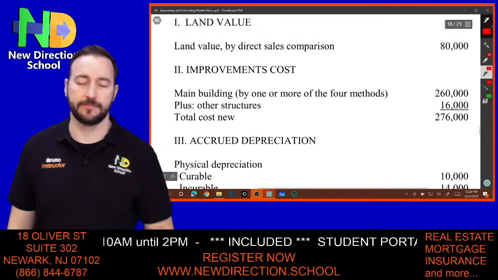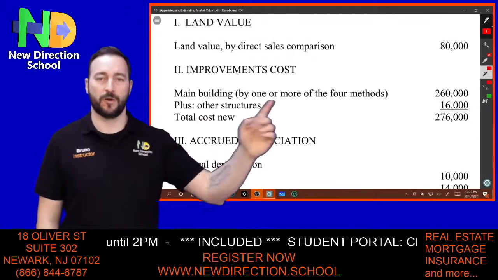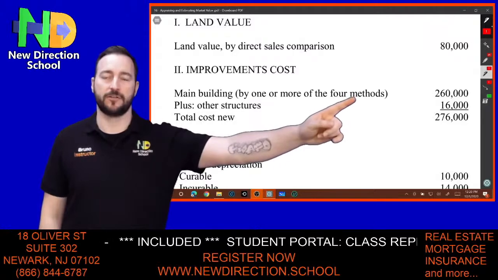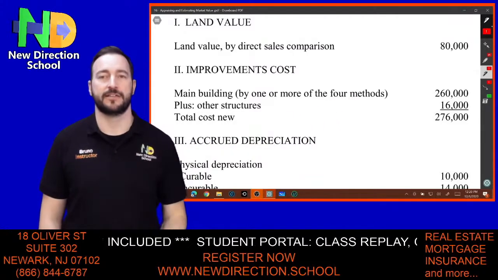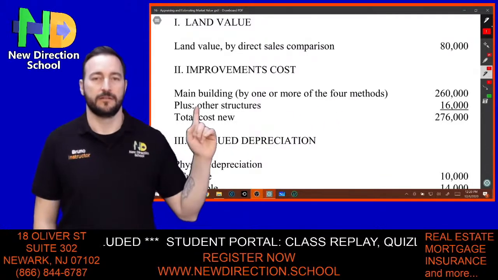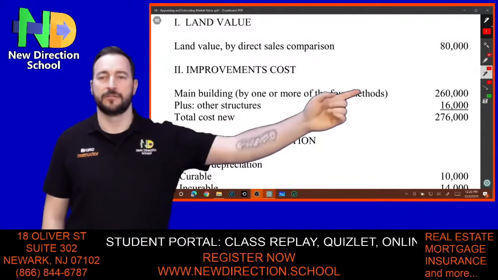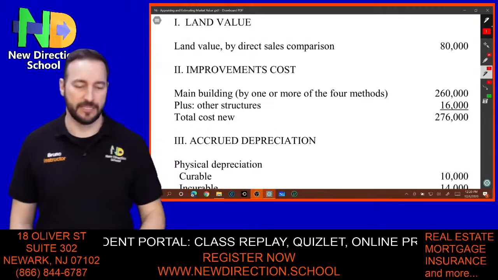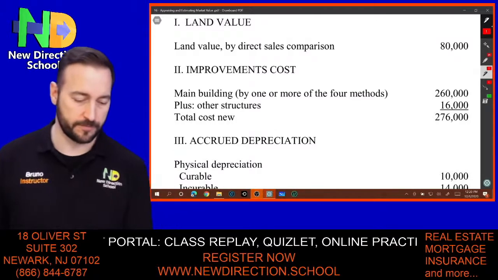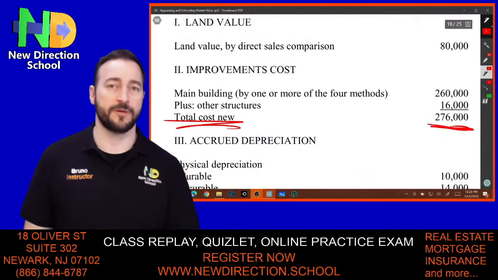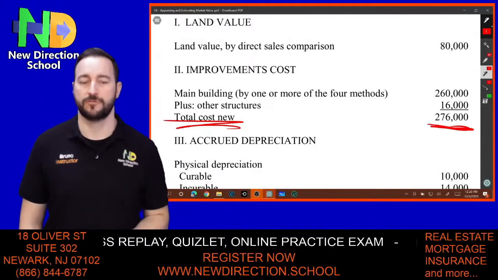The main building by one of the 4 methods, traditionally the square foot method, the main building costs $260,000 to build. We have other structures here in this building, for some reason, like a garage maybe, so that's $16,000. That means that the cost to build new is $276,000. So for me to rebuild this house, $276,000.